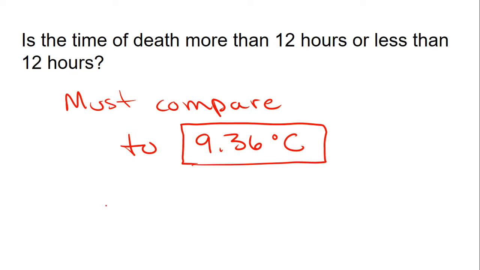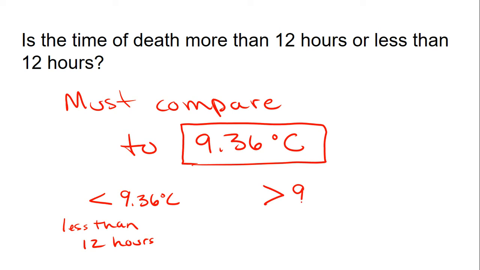So if it is less than 9.36 degrees Celsius, that means it was less than 12 hours ago. And if it's more than 9.36, that means it was more than 12 hours ago.